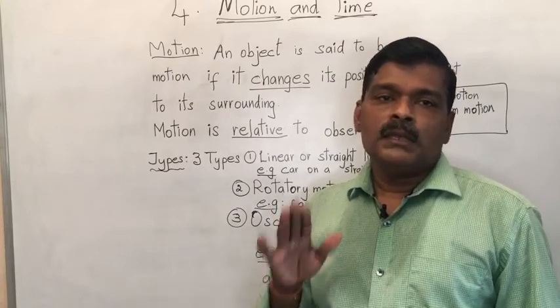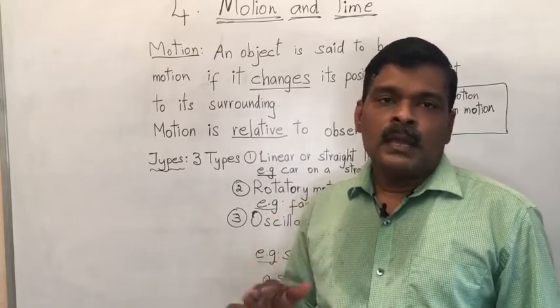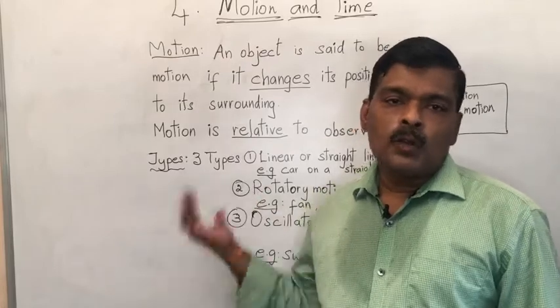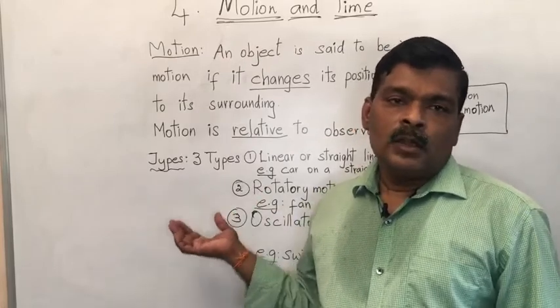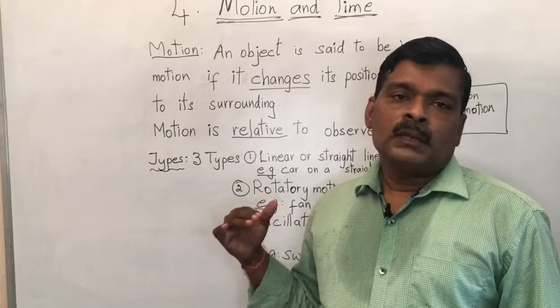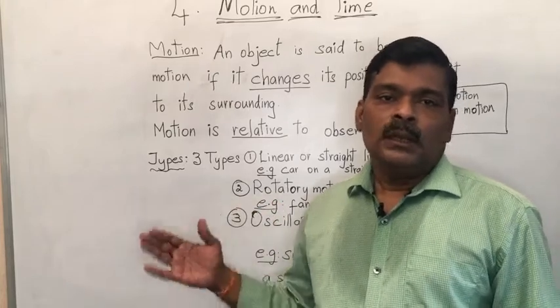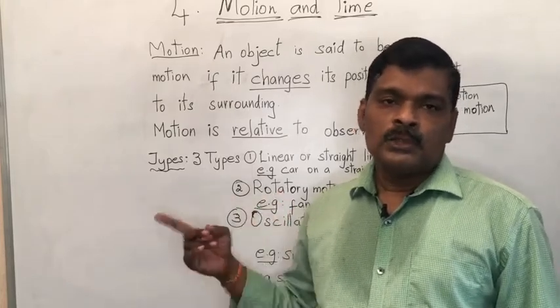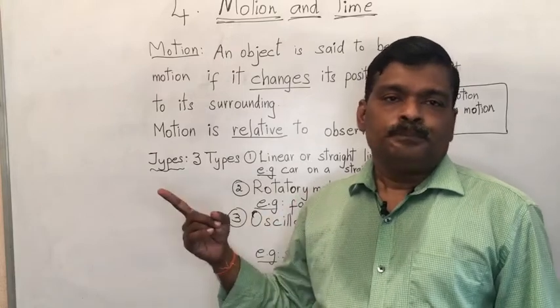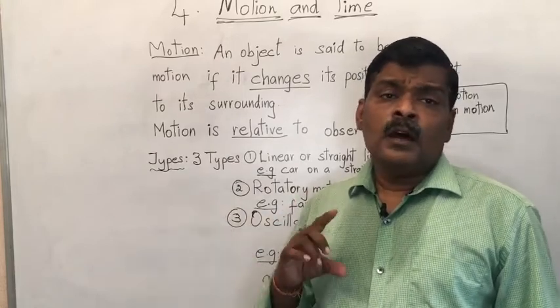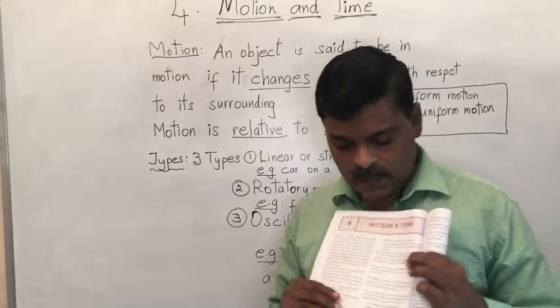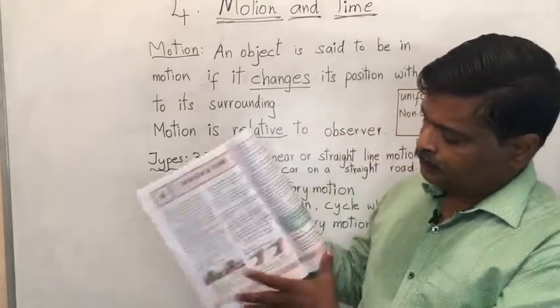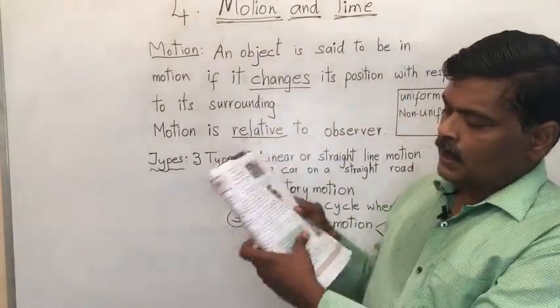He may think it is at rest, but an observer who is outside the car, standing on the roadside, may observe that the car is in motion; the car moved, the driver moved, the passengers, everything moved. This situation is explained in the second diagram.